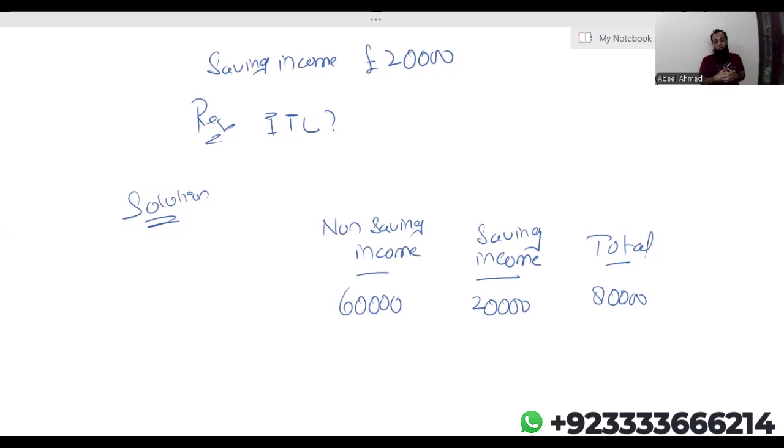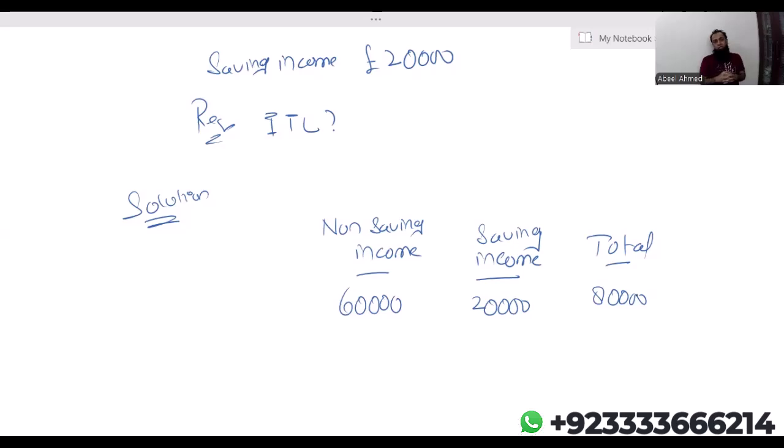If the individual does not have non-saving income, or the non-saving income is not enough to utilize the entire personal allowance, in that case, what happens? If an individual does not have non-saving income, then obviously the personal allowance will be deducted from the saving income.